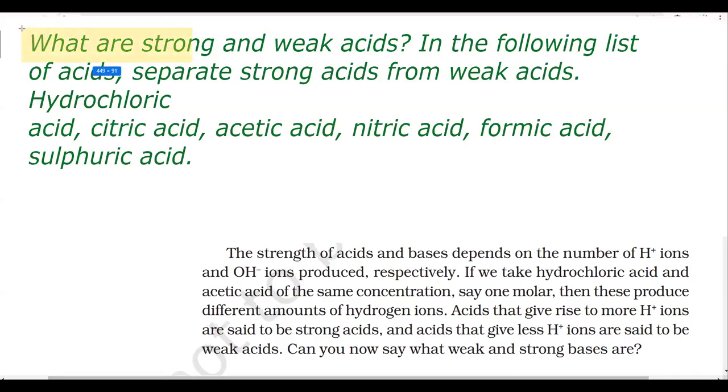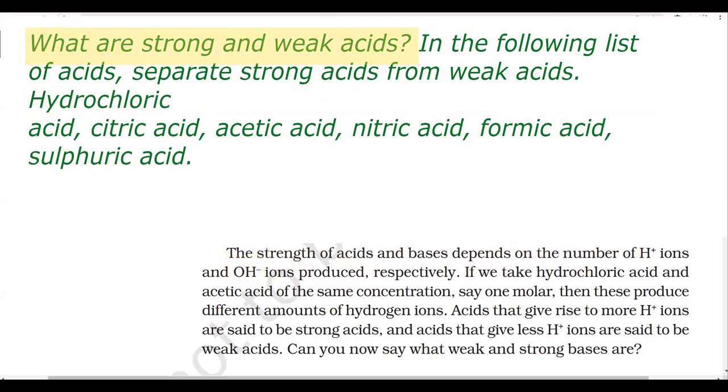In the next question, it says what are strong and weak acids, and we have to segregate the acids given here as strong or weak acids. Now the first part, what are strong and weak acids? What we know is that the strength of an acid depends upon the H plus ions. Well, for a base, it is OH minus ions.